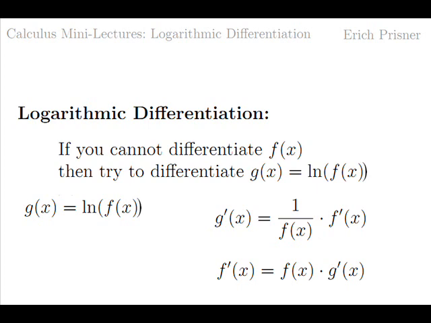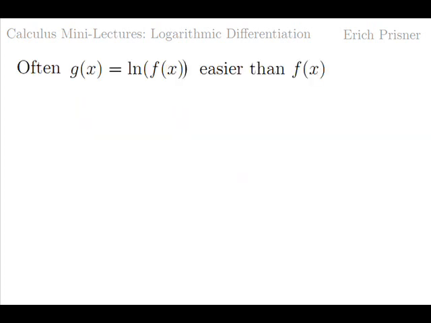Now g of x looks even more complex than f of x. Why can we differentiate this more complicated looking function if we cannot differentiate f of x? But keep in mind that we are interested in very special functions f, exponential expressions. And remember that the logarithm of an exponential expression equals the exponent times the logarithm of the base.